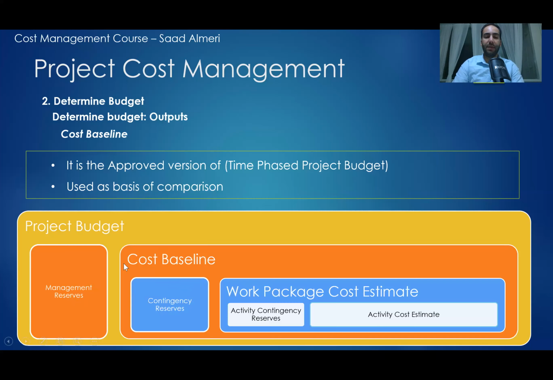So all of this will be the project budget. But then it is time phased, which means that it is not only the amount of money that I'm going to spend, but it is the amount of money that I'm going to spend distributed into time. So this is what the time-phased project budget means.